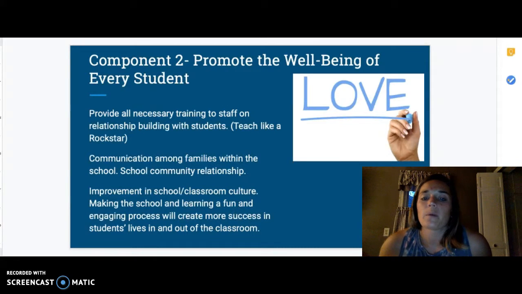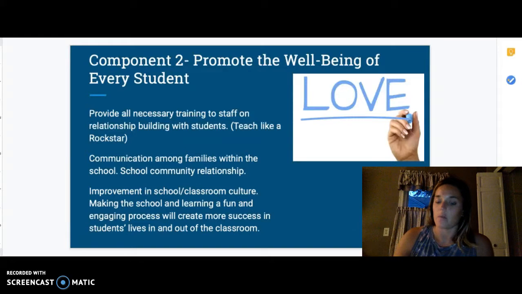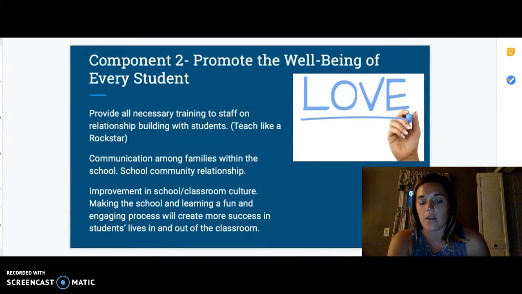This next component is promoting the well-being of every student. This is just something that, even without this case study, I think is one of the most vital things that you can do, because if students feel safe and welcomed and loved, you can almost guarantee that they will be successful. So providing the necessary training for staff. I know that I was able to attend a PD this past winter, Teach Like a Rock Star, and it was just about how teachers can make that connection with students on a deeper level.